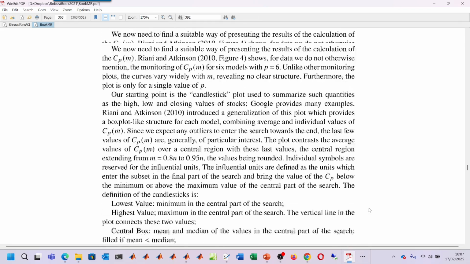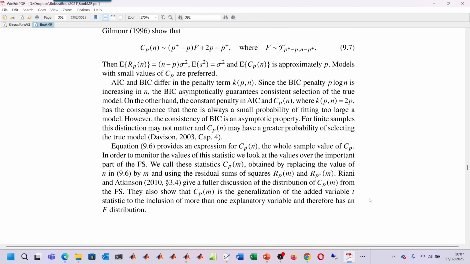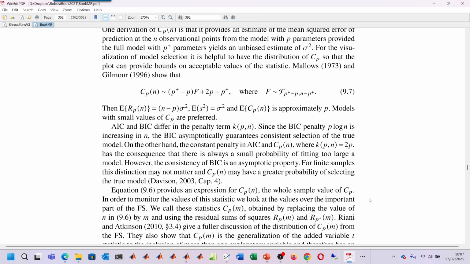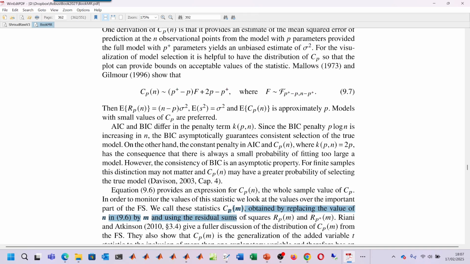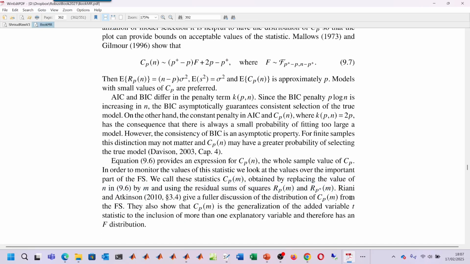We obtain the values of the Cp statistic in the forward search by replacing n in 9.7 by m, and we are estimating both sums of squares of interest from the subsets that we have. That is the one for p parameters and the one for p+ parameters that provides the estimate of sigma squared. We have a forward search for each model combination.